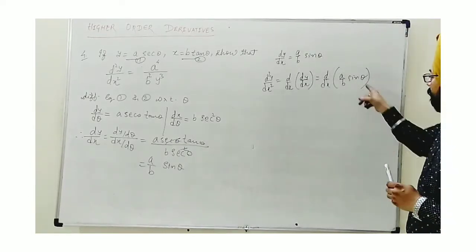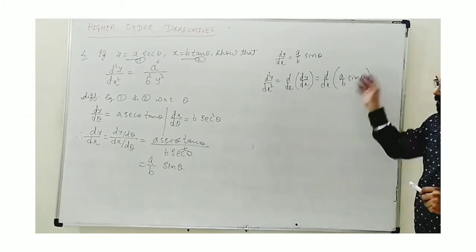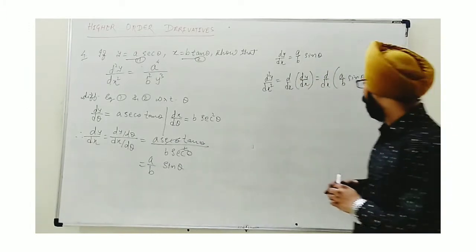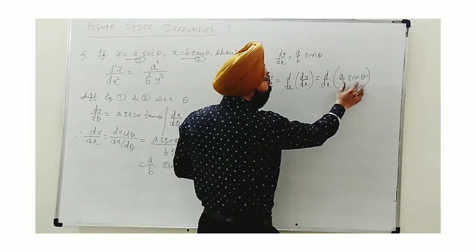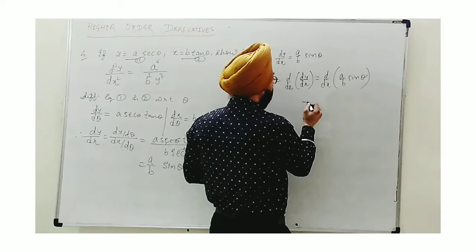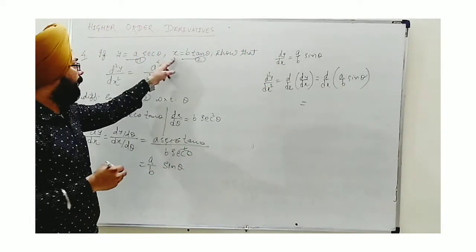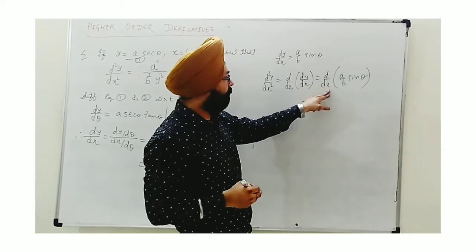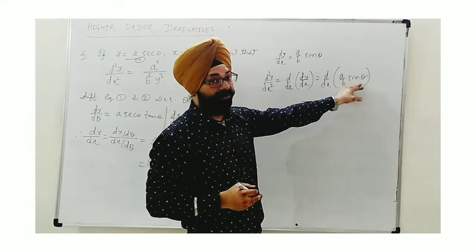So by rules this must be 0. But since it is a parametric function, this will not be 0. What we have to do here is differentiate this portion with respect to theta. As we know that x is a function of theta, if I were doing the differentiation with respect to x, this can never be 0.